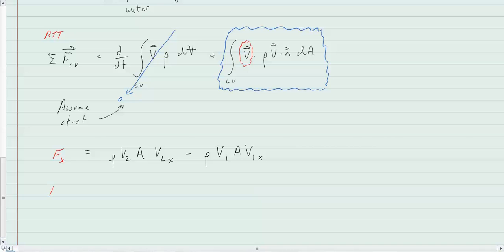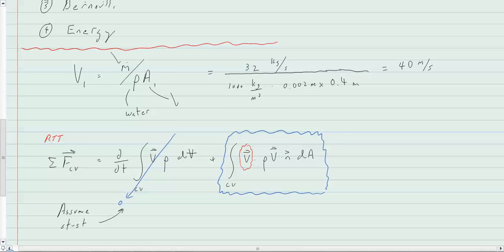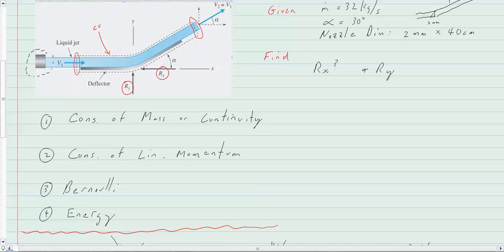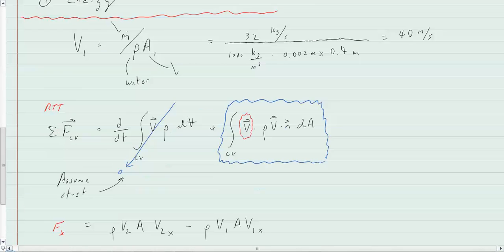F of y would be equal to rho v2 A v2y minus 0, because as you can tell, there is no y direction of this velocity.